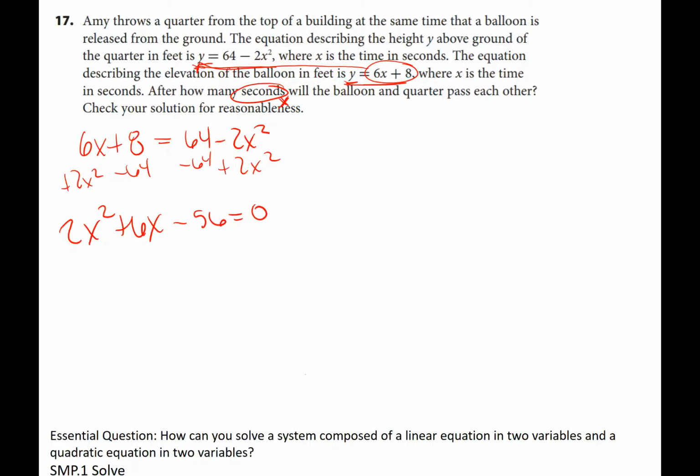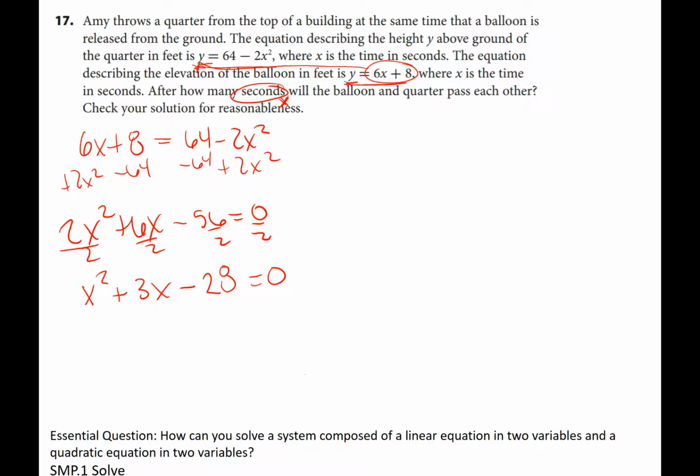Okay, if I can factor out a greatest common factor, I do, and I've got a lead coefficient of 2 there, and they're all even, so I'm going to divide everything by 2, which is the same as factoring out a greatest common factor of 2. So 6x divided by 2 is 3x, and 56 divided by 2 is 28.